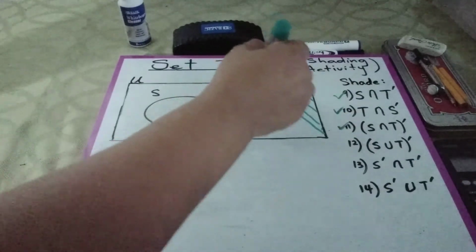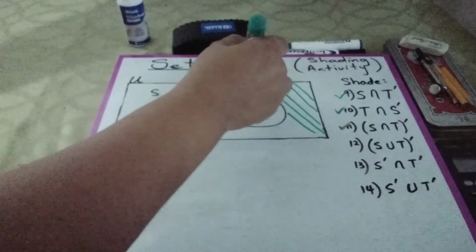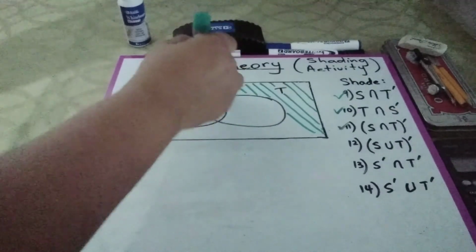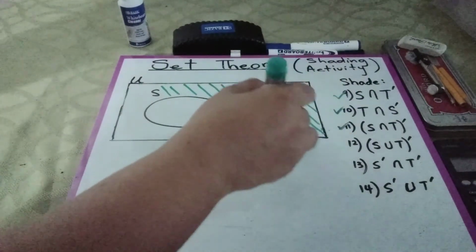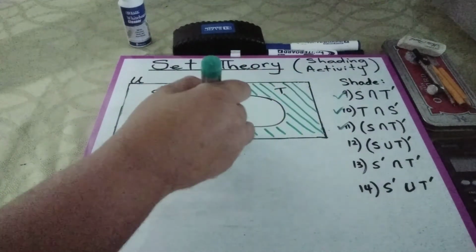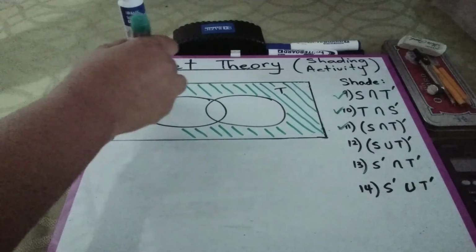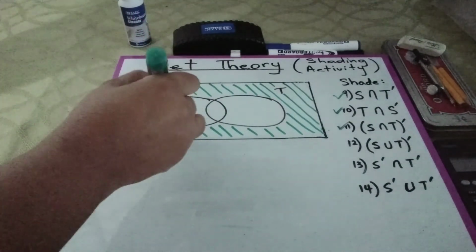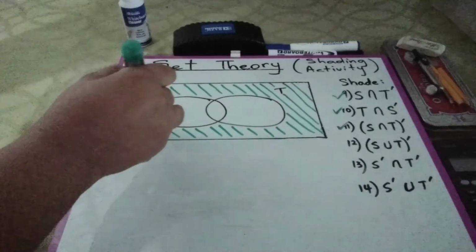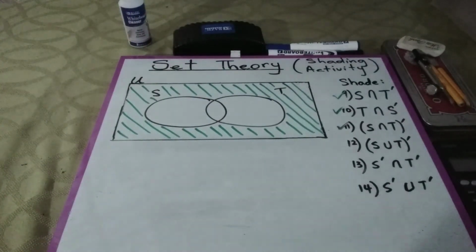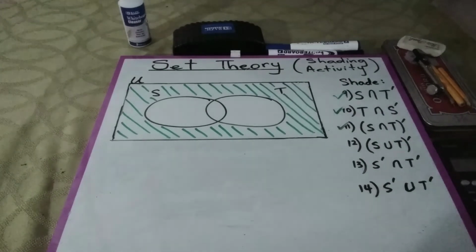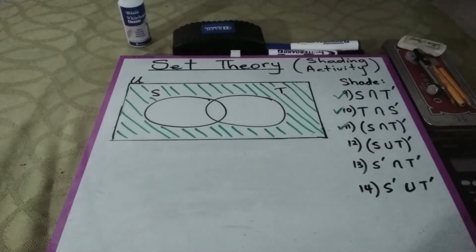Shade everywhere except the two intersecting circles. So shade, shade, shade. There we go. That's the answer. S union T complement. S union T in bracket complement. That's the answer.